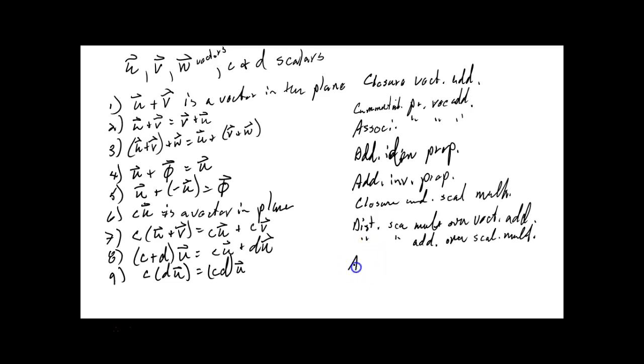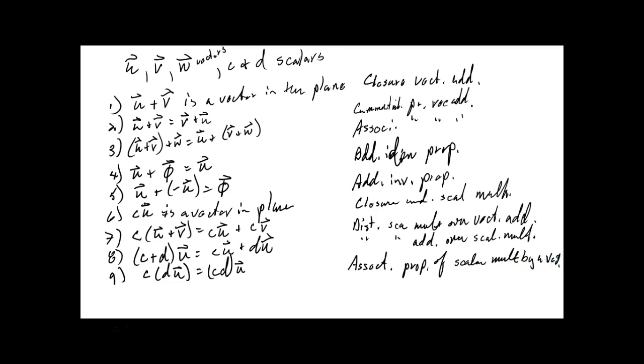That's the associative property of scalar multiplication by a vector. Okay?